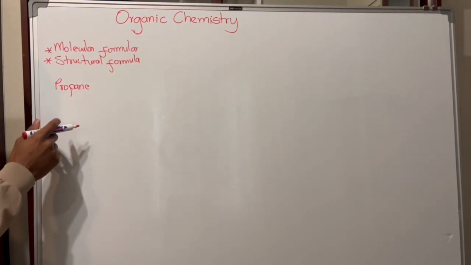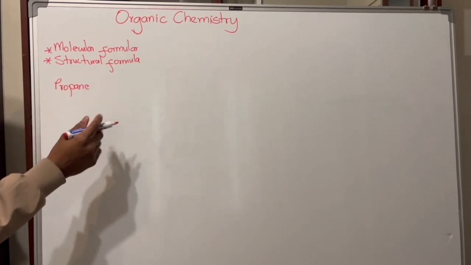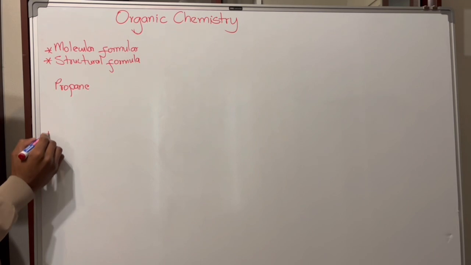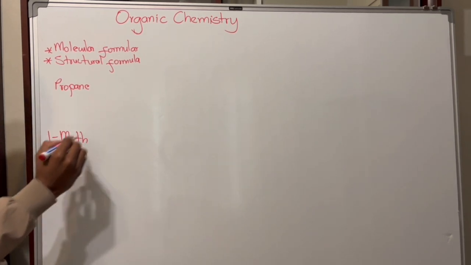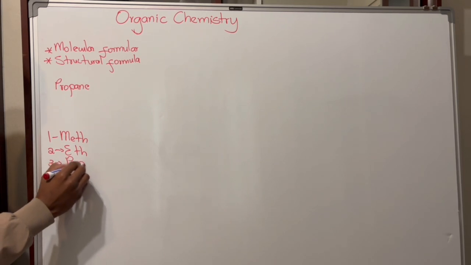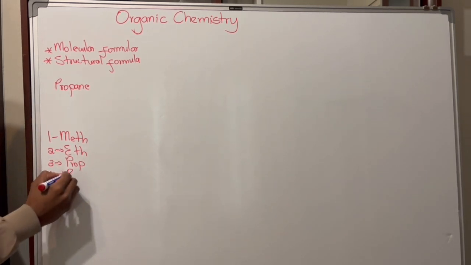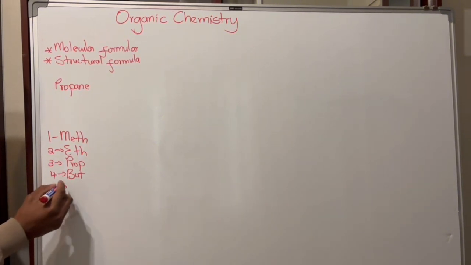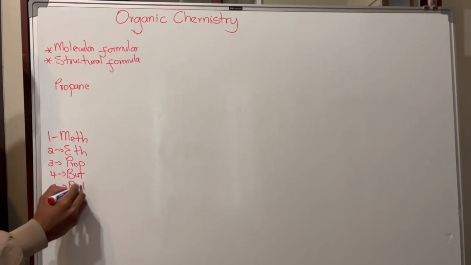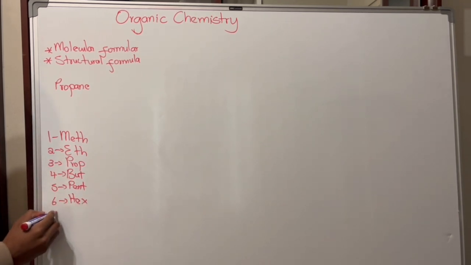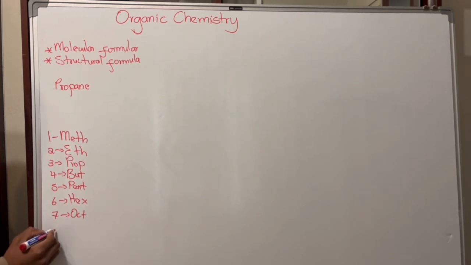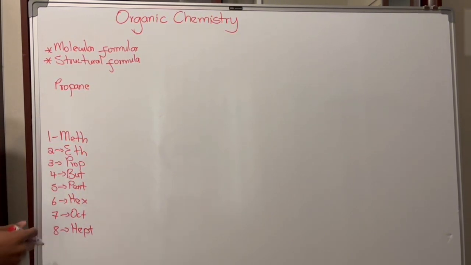So propane, we do know that, or if you don't, let's start here and say that when we are counting in organic chemistry, 1 is meth, 2 is eth, 3 is prop, 4 is but, 5 is pent, 6 is hex, 7 is oct, 8 is hept, 9 is non, and 10 is dec.